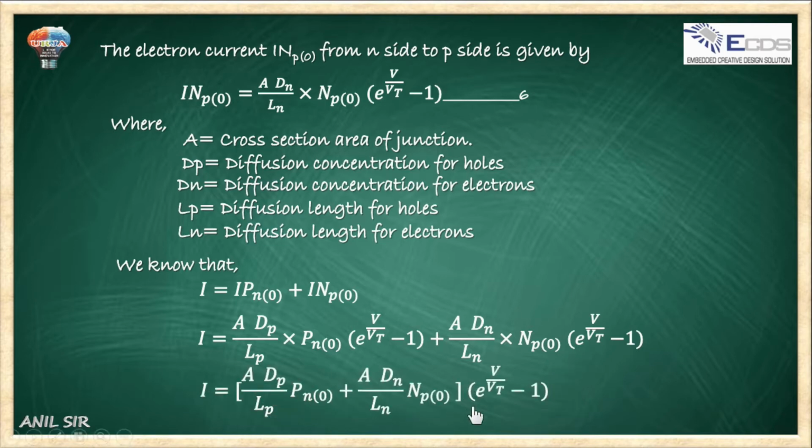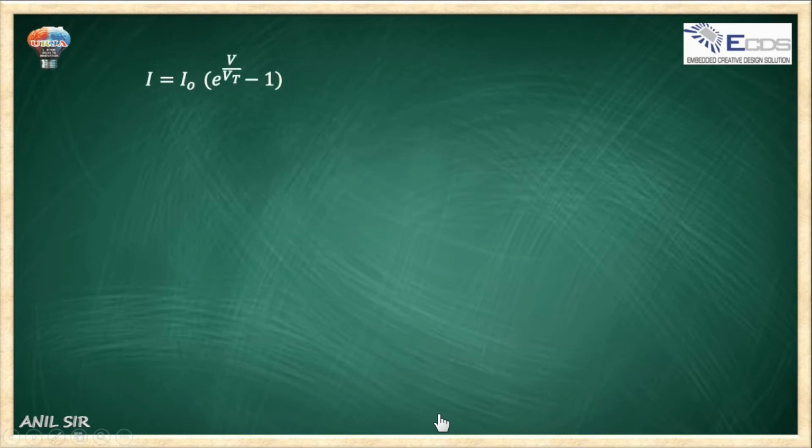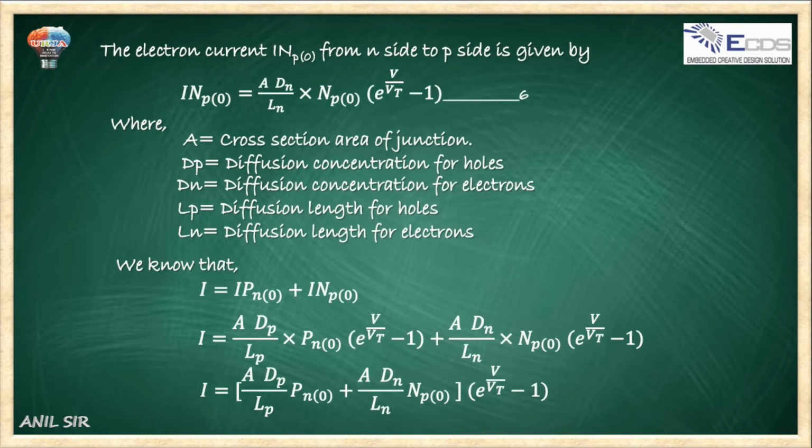So we can take common e raised to the power V upon Vt minus 1, and the remaining term is considered as I0, that is the reverse leakage current. This is related to PNO, and this is NPO.